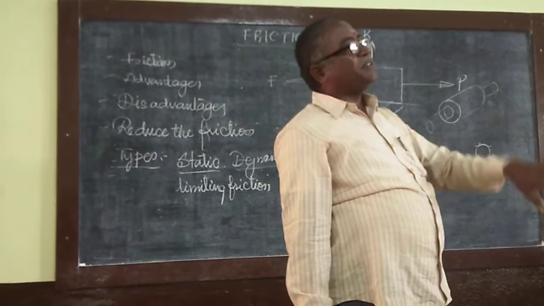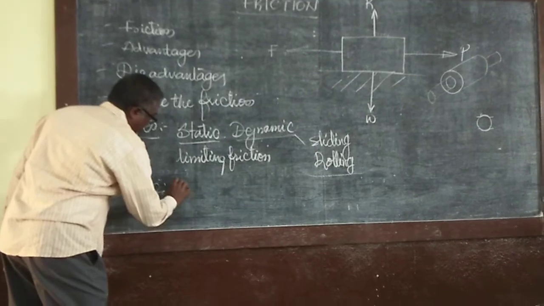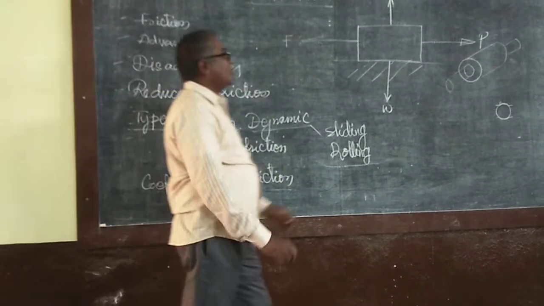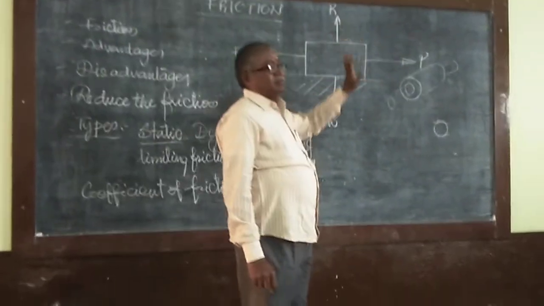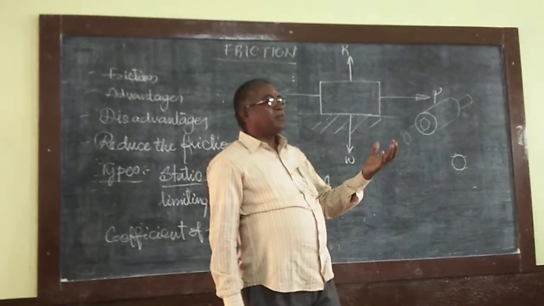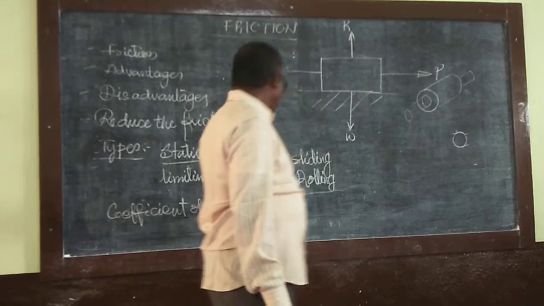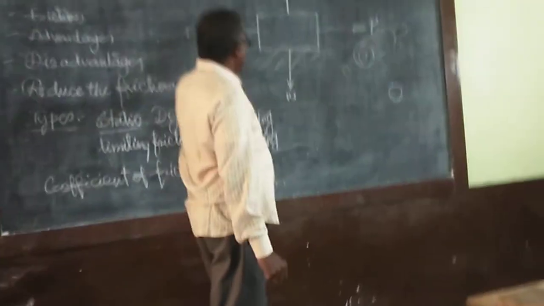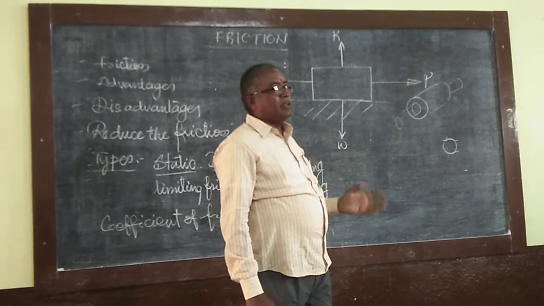Then there is the coefficient of friction. The coefficient of friction is the ratio between the frictional force and the normal reaction, F by R, or otherwise P by W. Like that it will be given.